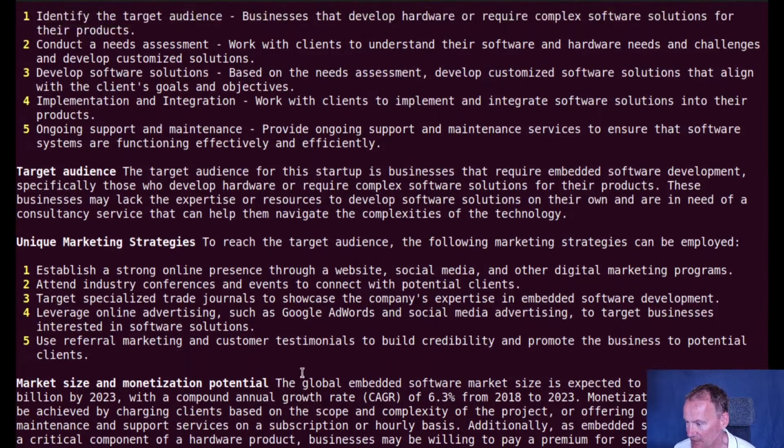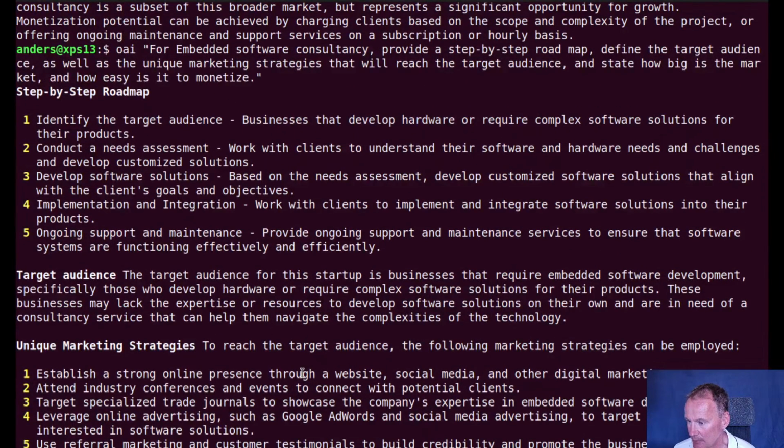Okay, so let's look at the embedded software and the roadmap. Yeah, well, at least it has understood that this business is very client-based, very dependent on what the client is actually doing with their hardware.